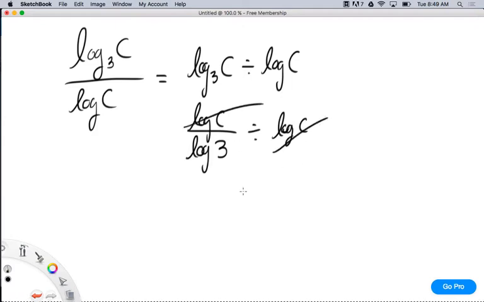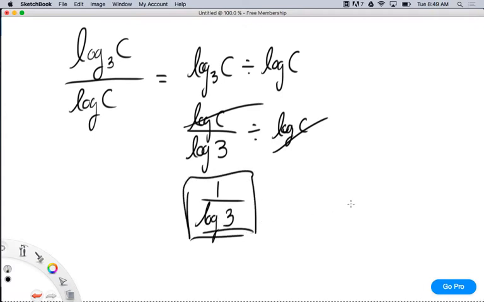Cancels. So you're not just left with log of 3 though, you're left with 1 over log of 3, which would be your final answer. So no matter what, when you've got these fractions, you just divide them and then just take it from there. Any questions?